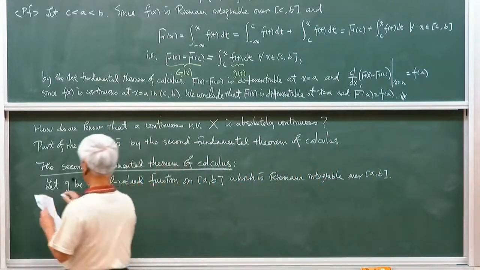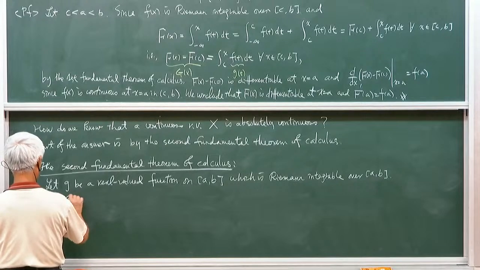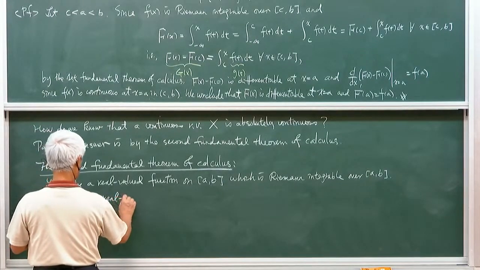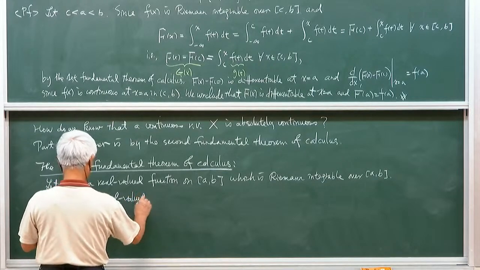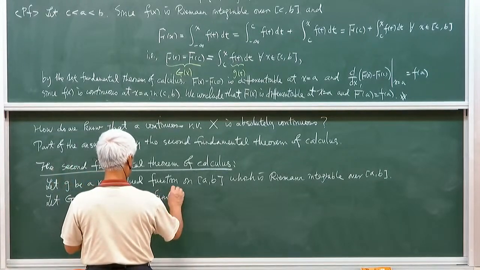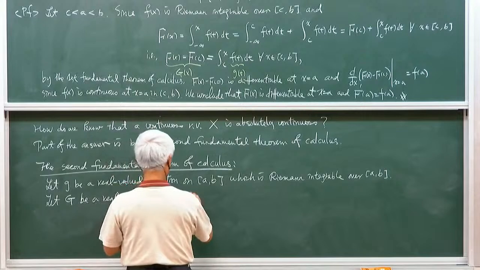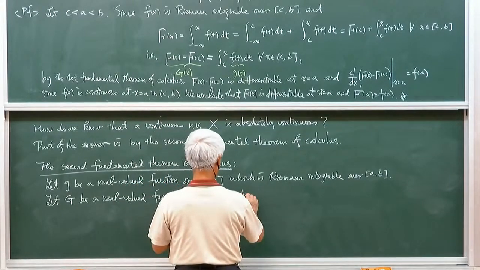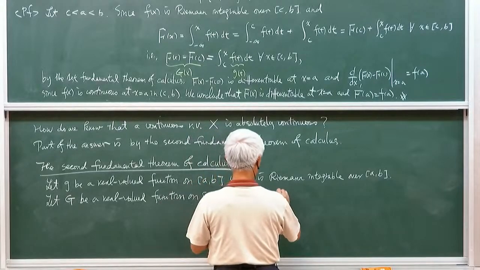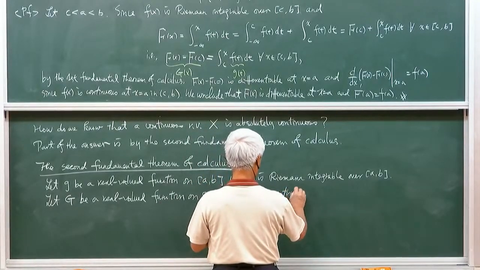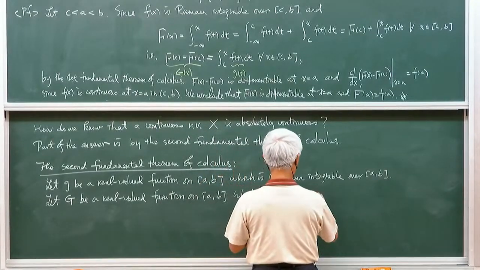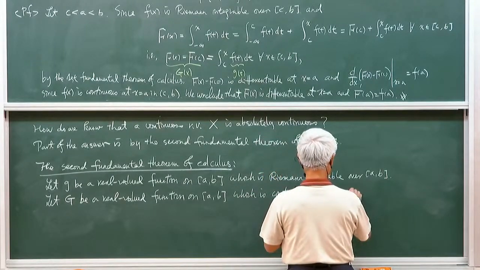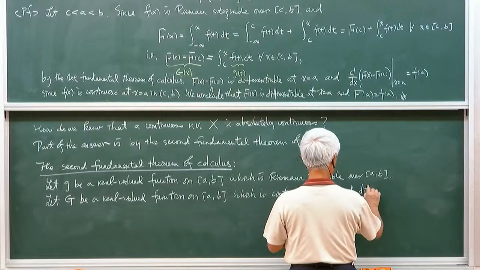Okay. Now let big G be a real valued function on AB, which is continuous on the closed interval and differentiable in the open interval.